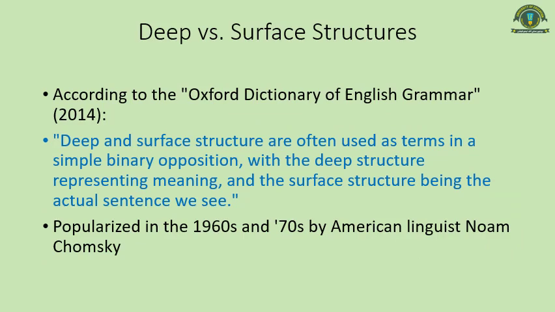According to the Oxford Dictionary of English Grammar, deep and surface structure are often used as terms in a simple binary opposition, with the deep structure representing meaning and the surface structure being the actual sentence we see.